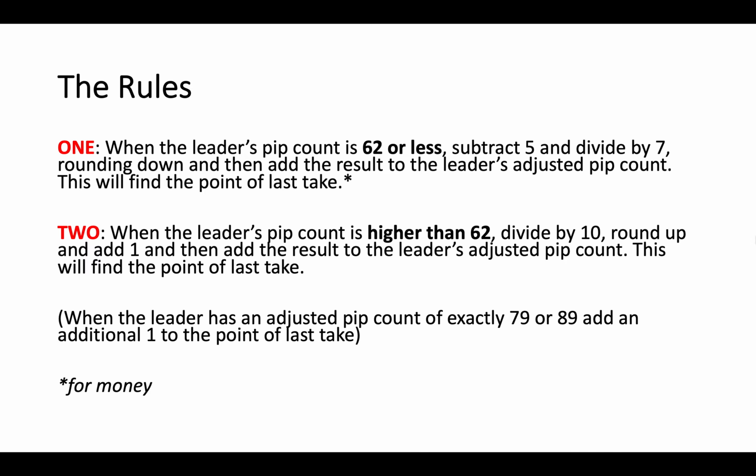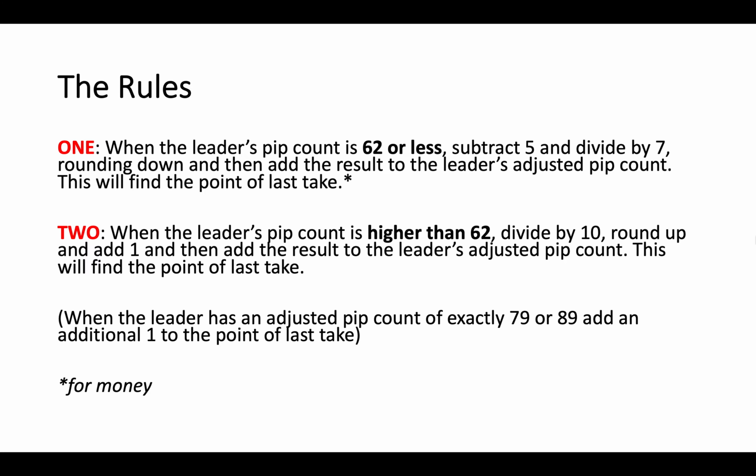Now, there really are only two rules you need to know for Rule 62, and that is whether the leader's pip count is 62 pips or less, or is higher than 62. Here I have quite a lot of information, but don't worry, I will go into this in more detail when we look at positions, so do not be overwhelmed and stick with me.